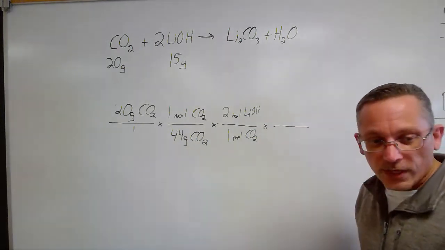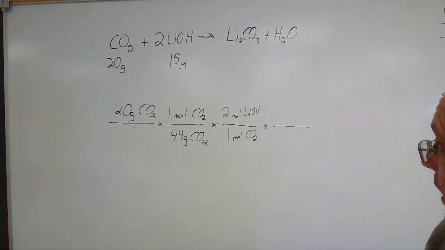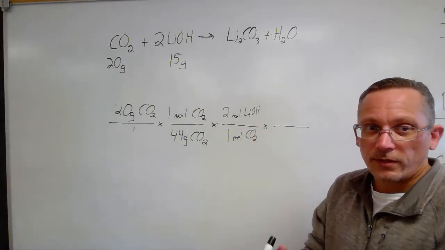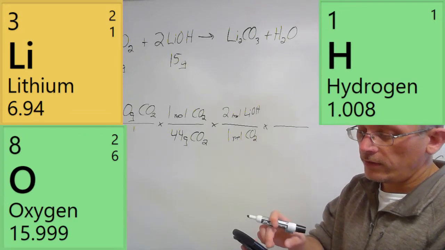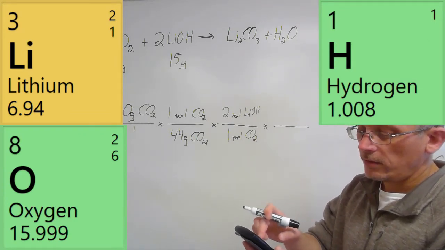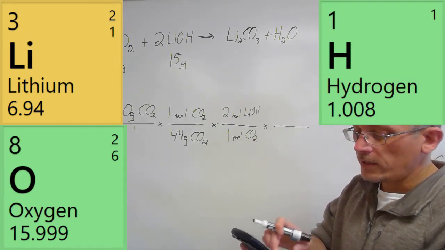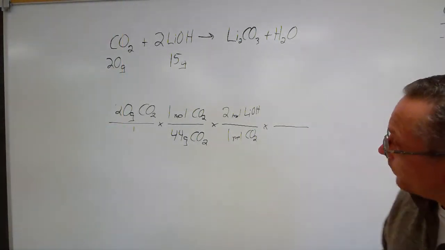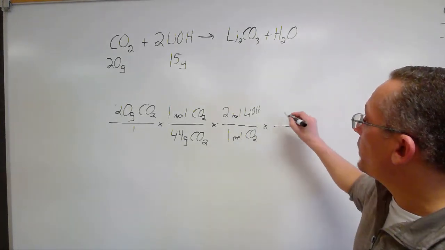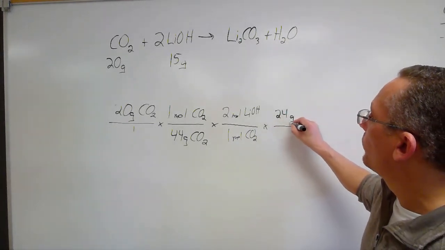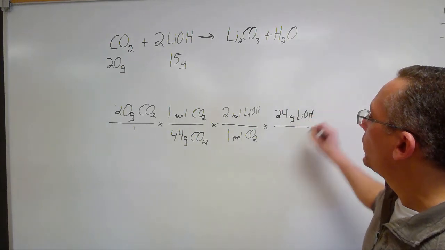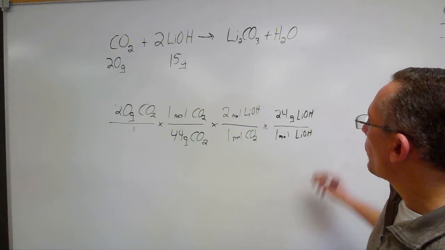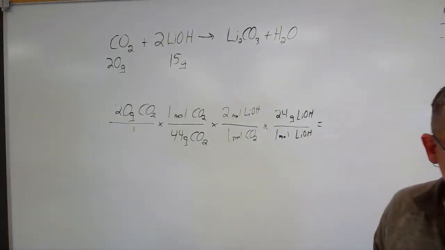In the fourth fraction, we're going to go back to the periodic table and add up LiOH. Lithium is about 7, oxygen is about 16, and hydrogen is 1. It comes out to 24 grams. So I'm going to put 24 grams of LiOH on the top, and of course 1 mole on the bottom.